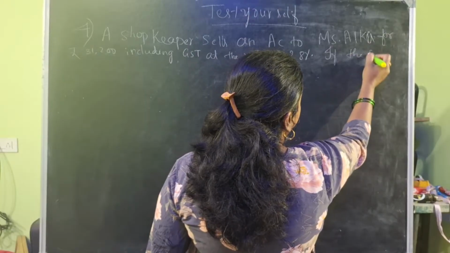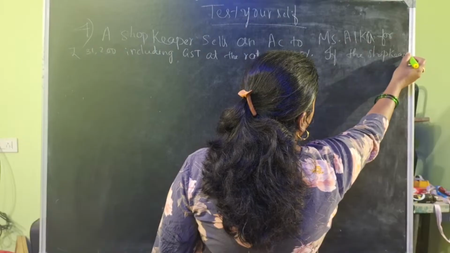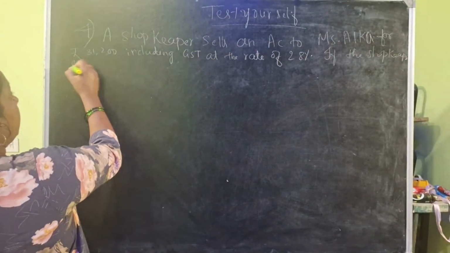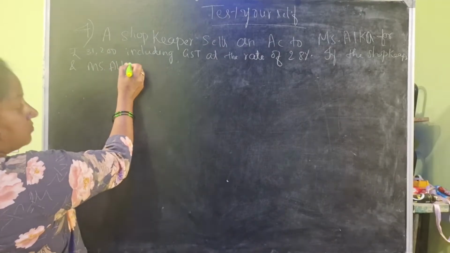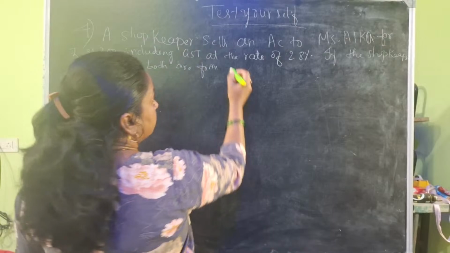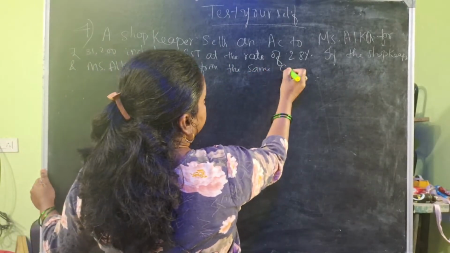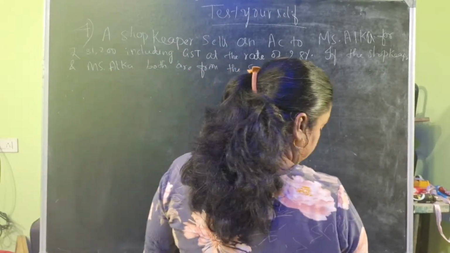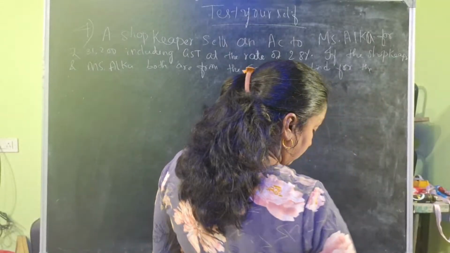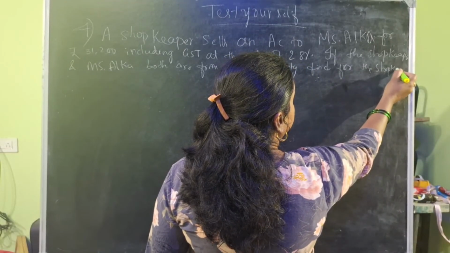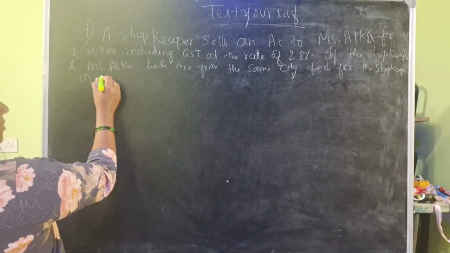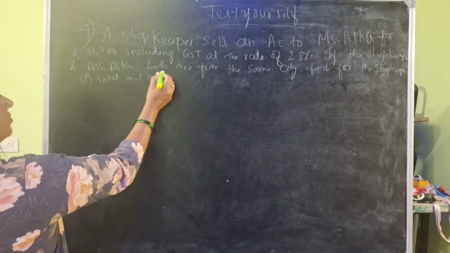If the shopkeeper and Miss Alka both are from the same city, find for the shopkeeper: first, the total amount of GST.